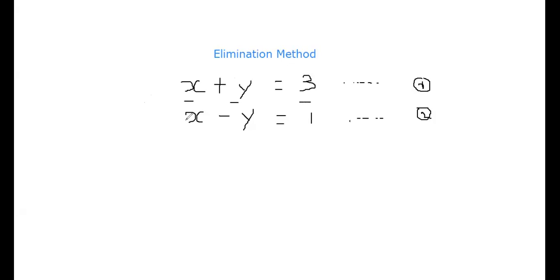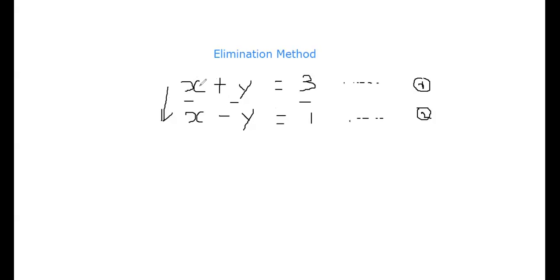That will allow us to eliminate x because we're subtracting downwards. Everybody clear? We're subtracting downwards.